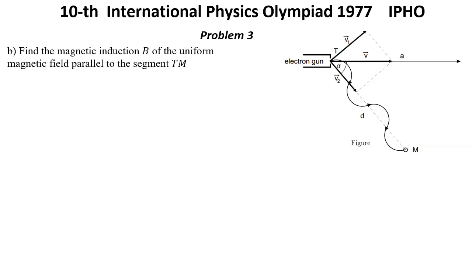Namely, the motion of the electrons will be composed of a uniform motion on a circle in the plane perpendicular to the magnetic field and of a uniform rectilinear motion in the direction of the magnetic field.